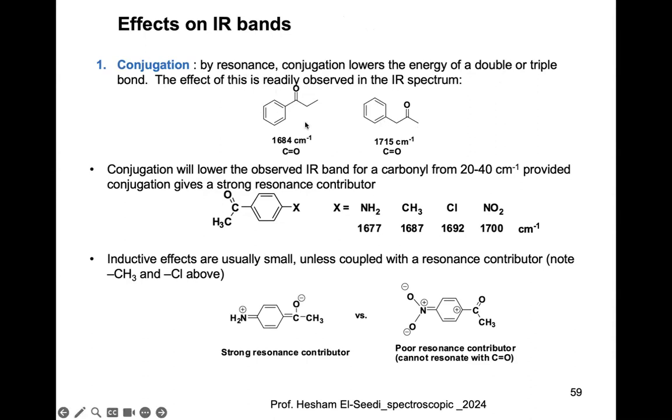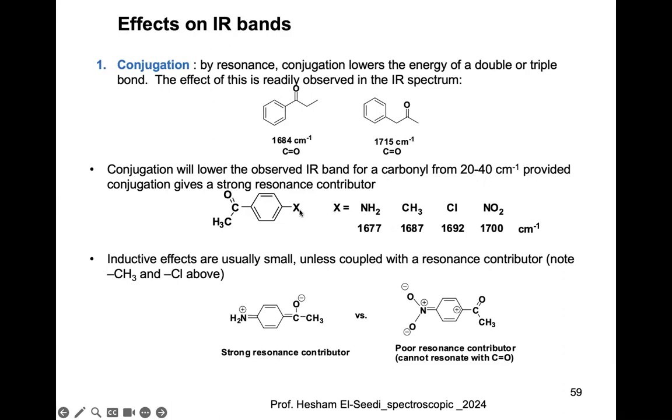In case of conjugation, it is lower frequency. So it is a low value, right? Low value. While here, it is a higher value. Why? Because now it is an isolated carbonyl group. Conjugation will lower the observed IR band for the carbonyl group by 20 to 40, right?